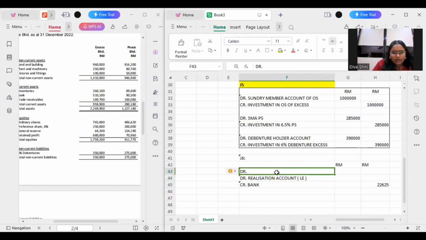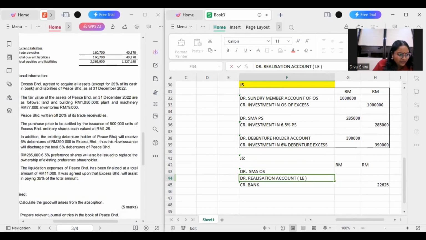And then we need to credit the realization account, which is LE, and also SME OS. So realization account LE, we need to calculate the balance of realization liquidation expenses, which is 11,000 times 100 minus 35, because we need to pay the rest 65%.